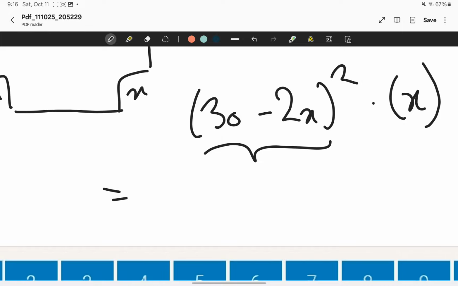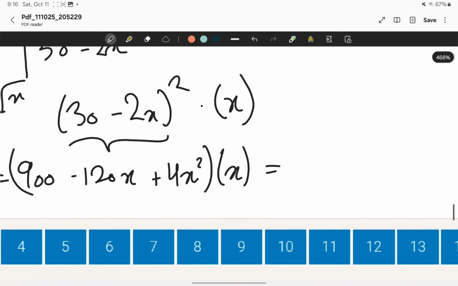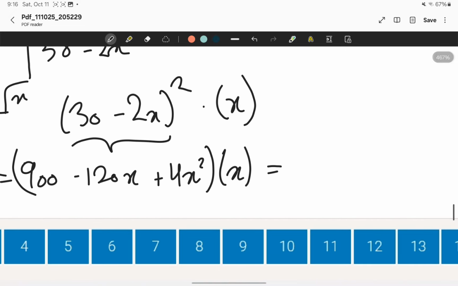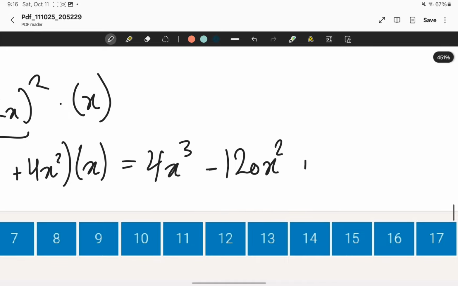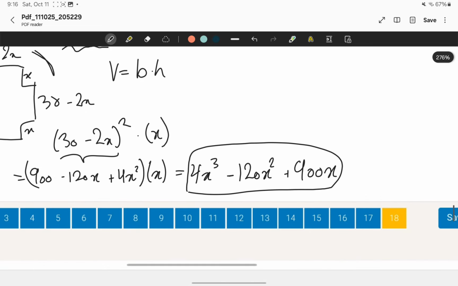So you get 900 minus 120x plus 4x squared, this times x. So you distribute that, I'm just going to write it in order: 4x cubed minus 120x squared plus 900x. This is now our volume.